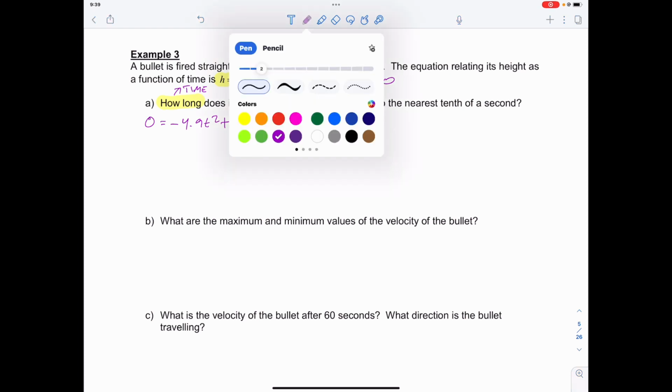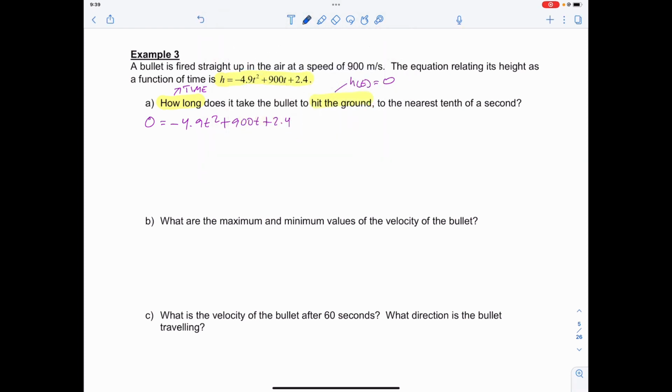I'm going to say that t is equal to the negative of b plus or minus the square root of b squared minus 4 times a, or negative 4.9, times c, which is 2.4, all divided by 2 times a, which is that negative 4.9.